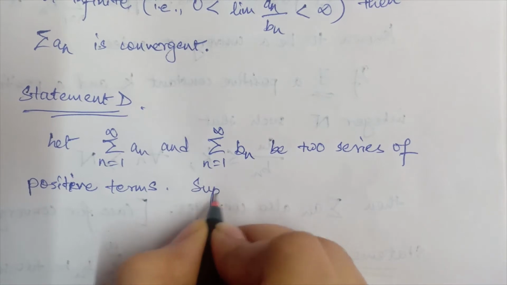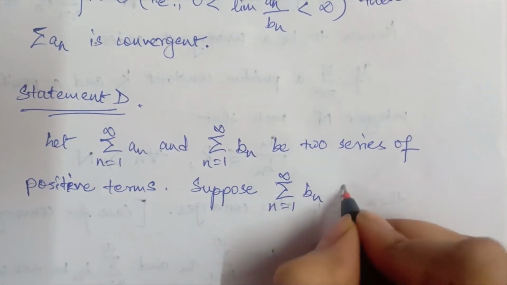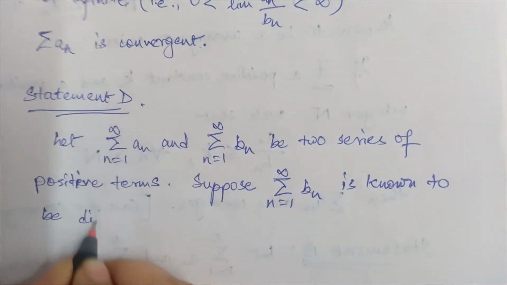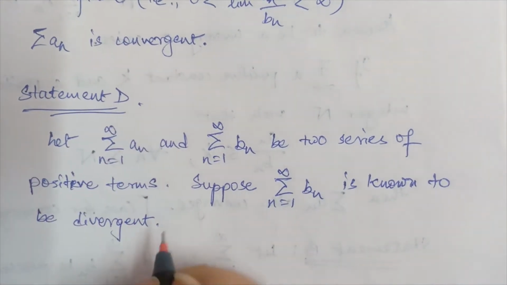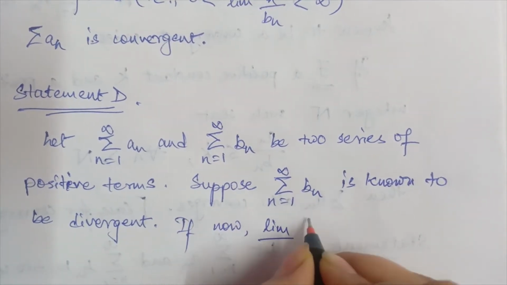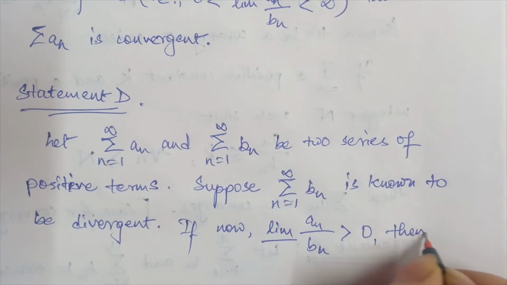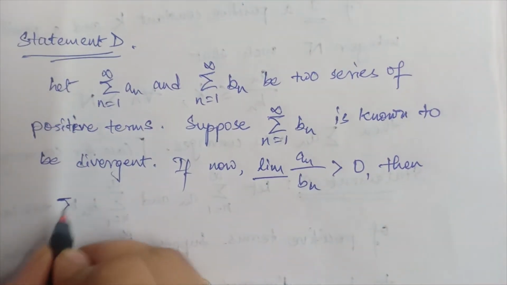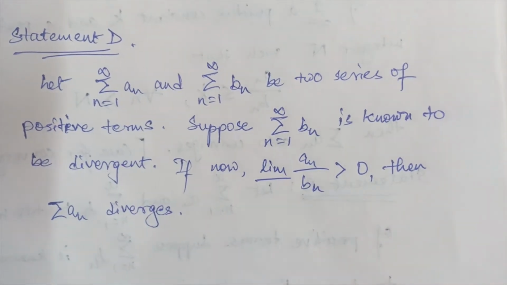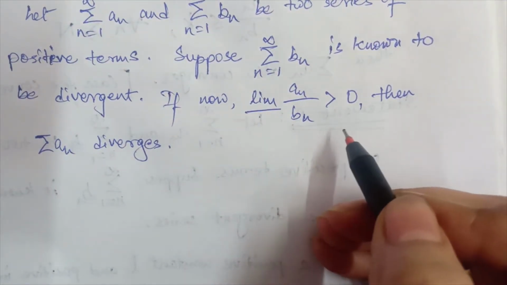Now suppose summation n equals to 1 to infinity bn is known to be divergent. If now lower limit an by bn is greater than 0, then the series an diverges. This was the statement for divergence.